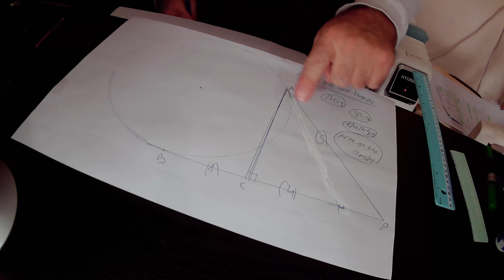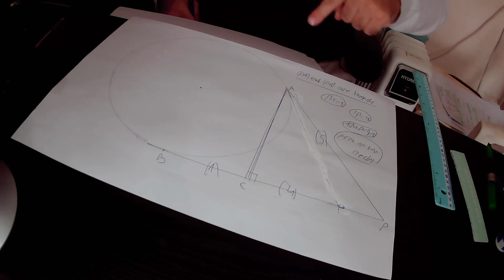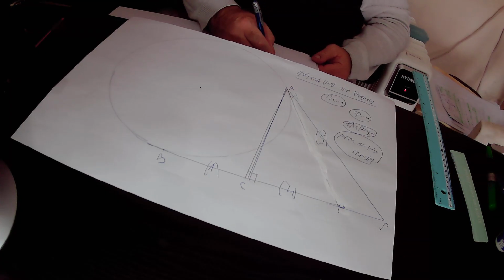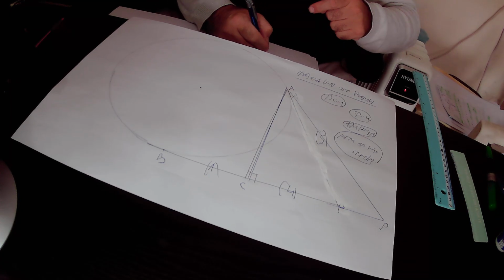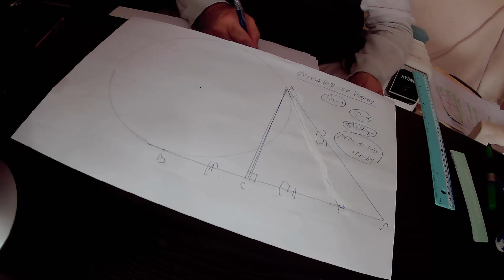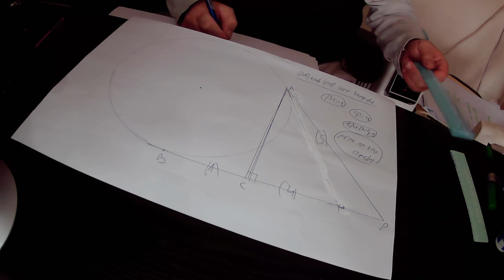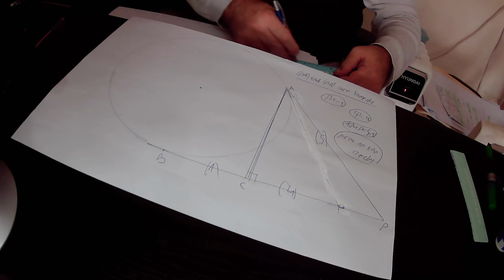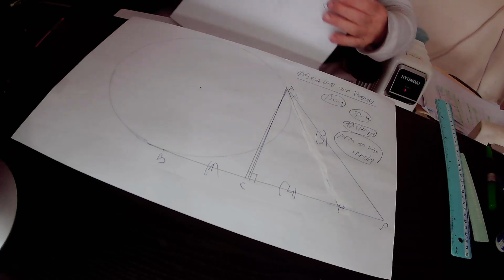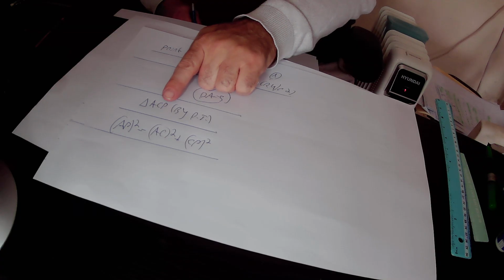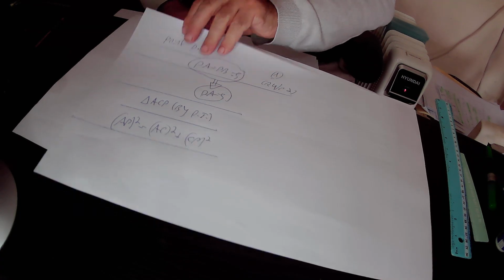In this right triangle ACP, according to the Pythagoras theorem, AP squared, that is the square of the hypotenuse, equals AC squared plus CP squared. Again, according to the Pythagoras theorem, in this right triangle ACP, AP squared equals AC squared plus CP squared.